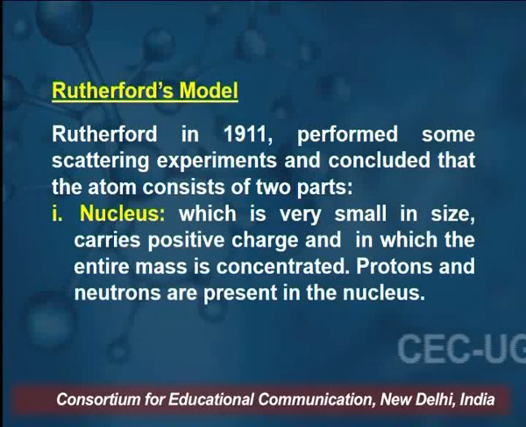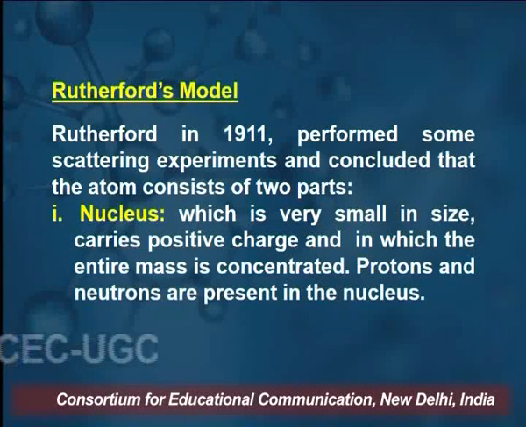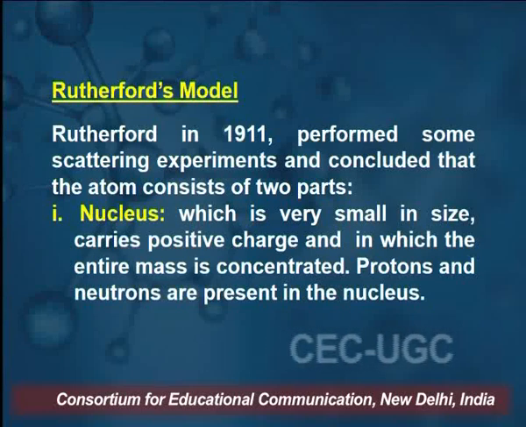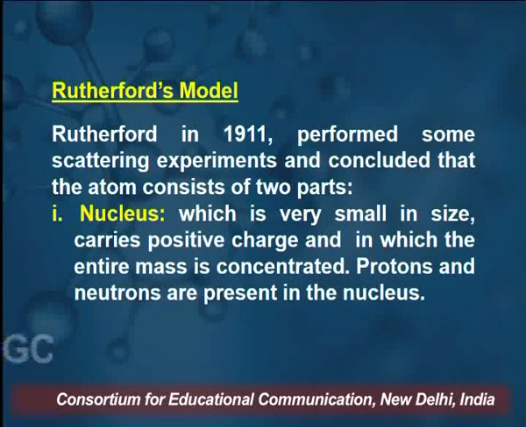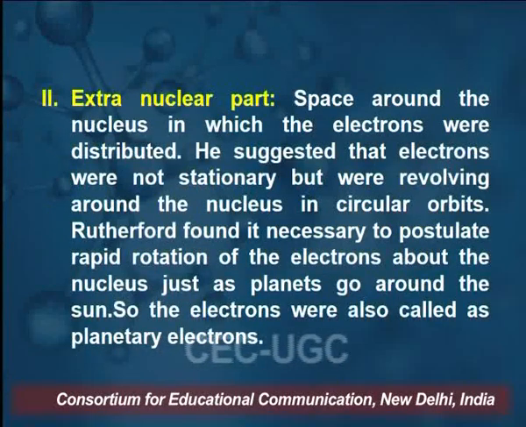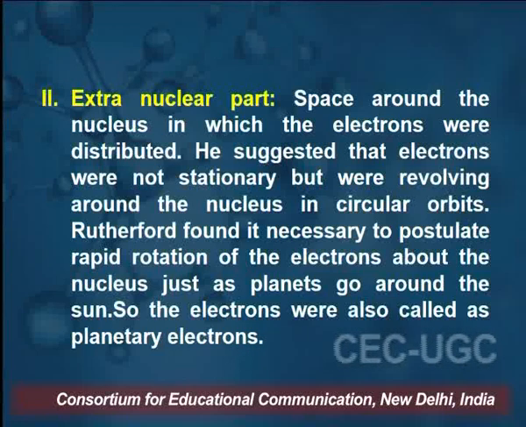Number one is the nucleus, which is very small in size, carries positive charge, and in which the entire mass is concentrated. Protons and neutrons are present in the nucleus. The second part is the extranuclear part, which is the space around the nucleus in which the electrons were distributed.